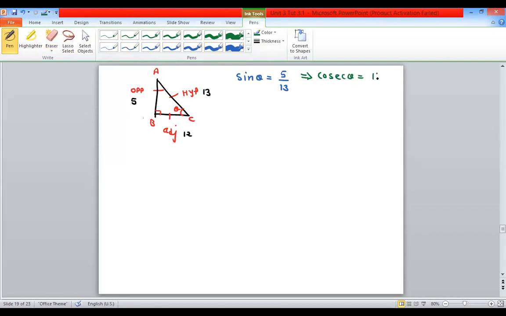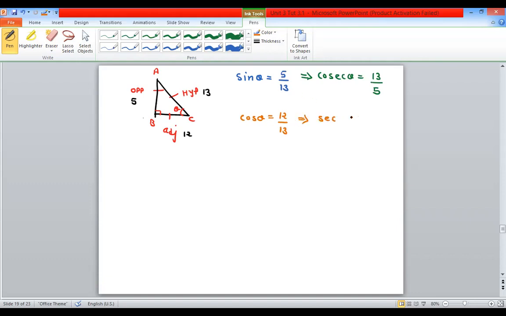Directly take the reciprocal, it's 13 by 5. You got the cosec theta. Second, you have sec theta and cos theta. Cos theta means adjacent upon hypotenuse, 12 by 13, which we have.